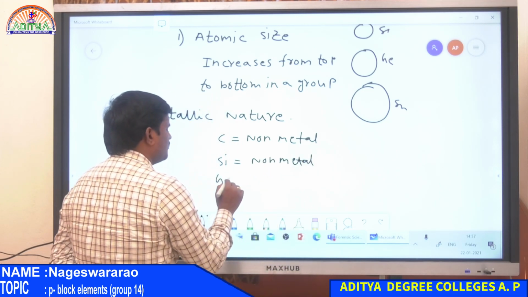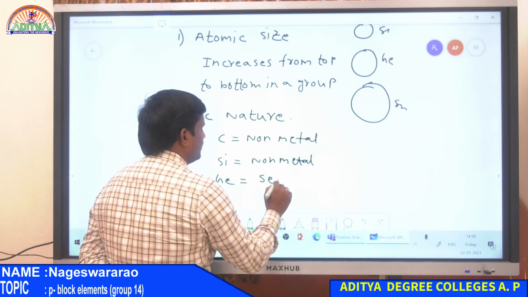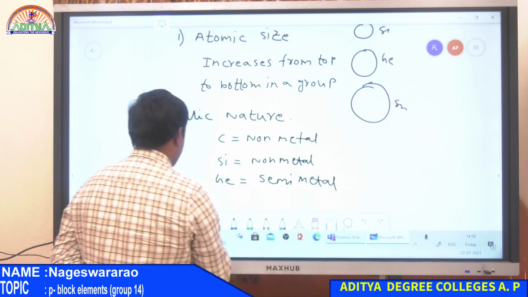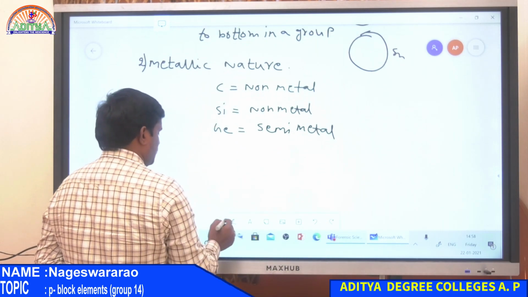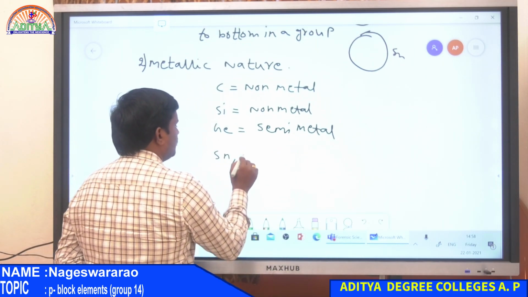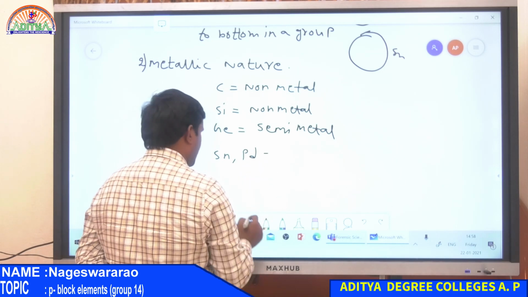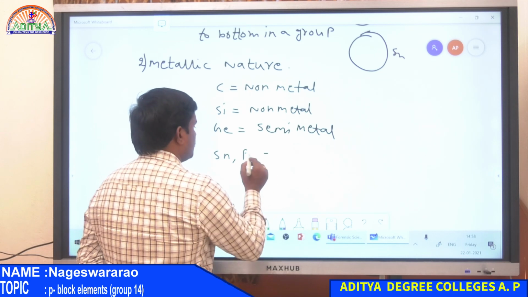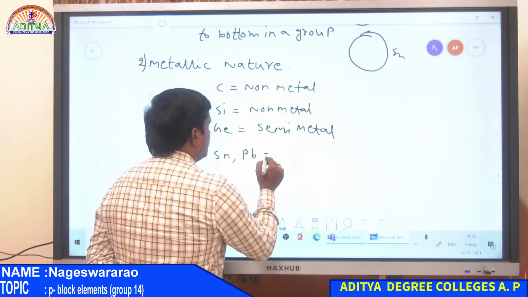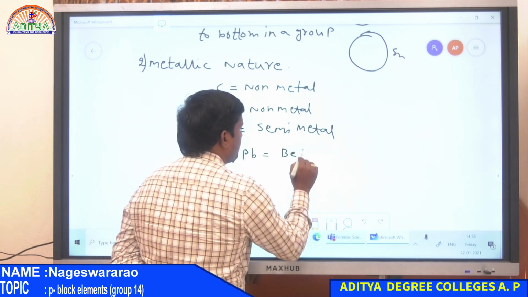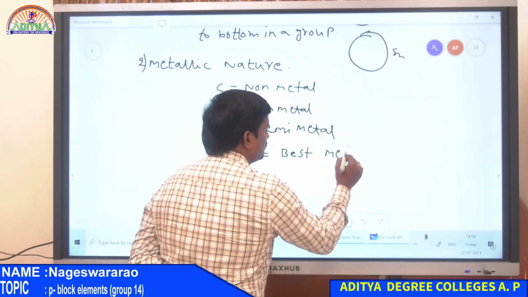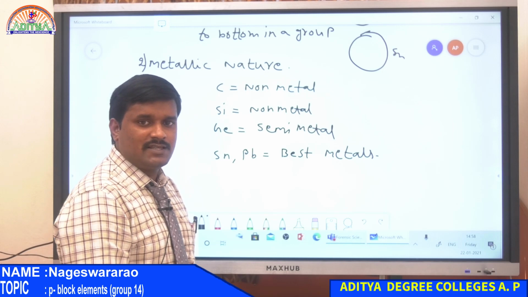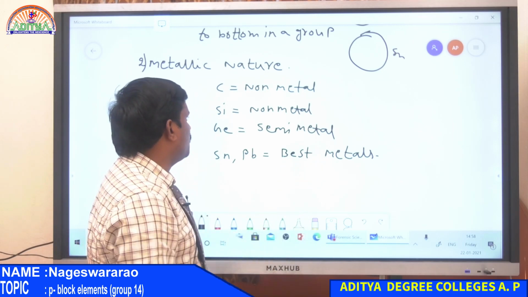Next, germanium is a semi-metal. Next, tin and lead both are good metals. Therefore, metallic character increases from top to bottom.